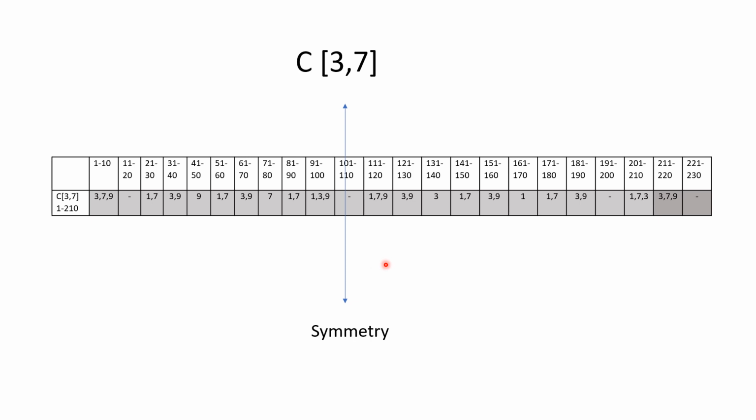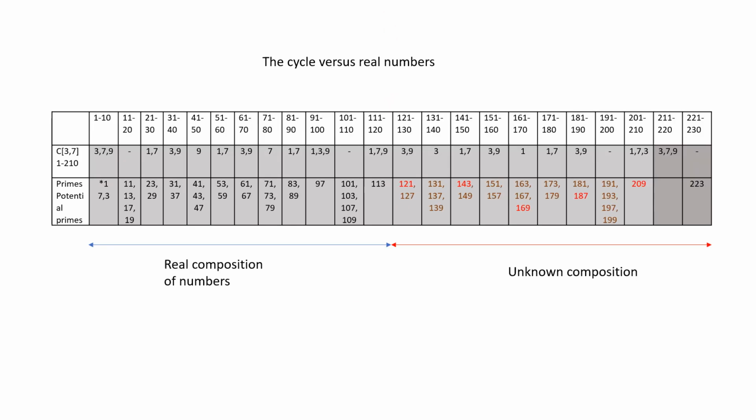So we're going to study how they behave and their characteristics, and we're going to evolve with this. Here you have the cycle of 3 and 7 merged together, like in the previous slide, this one. And now you have the prime numbers underneath. There is an exception always in the first 10, because in the cycle of 3 and 7, these numbers won't be primes in every iteration.